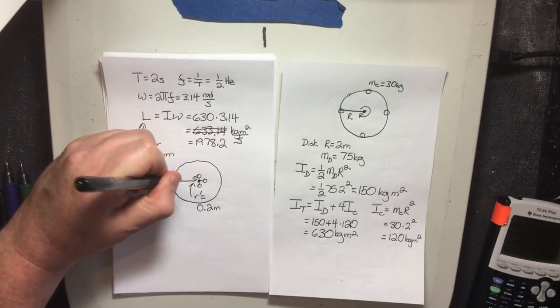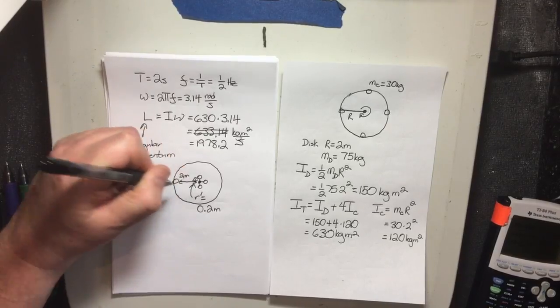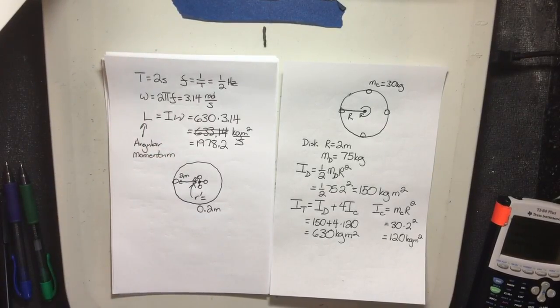And this child is still out at the edge at 2 meters. Now, what's the point in all of this?